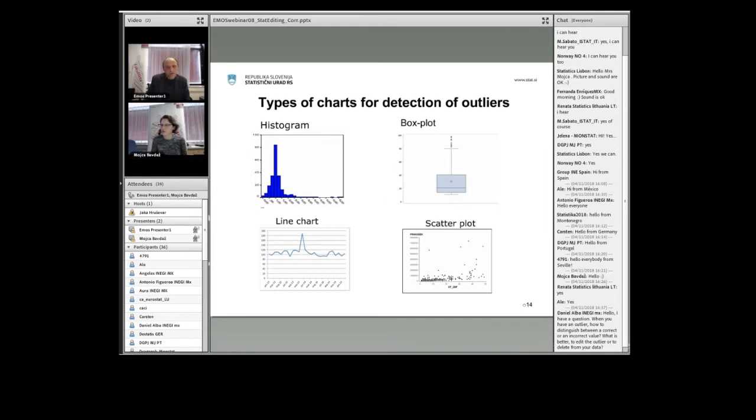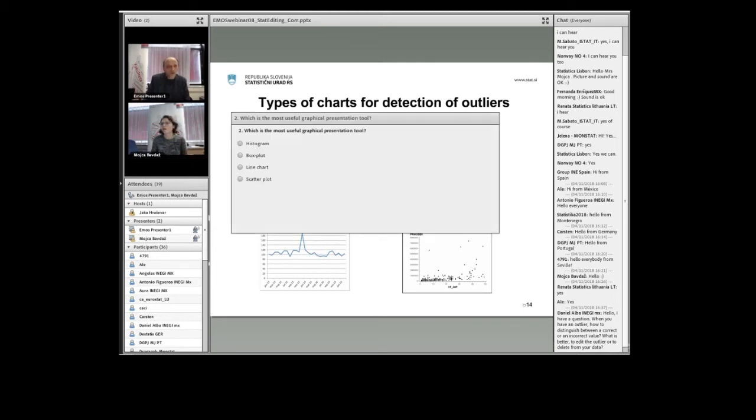The scatter plot is designed to present the relations between two variables. We don't have time to go deep into how to detect outliers, but now, on the first slide, there will be a question for you. What do you think, which of these four graphs is most useful as a presentation tool or to detect outliers?